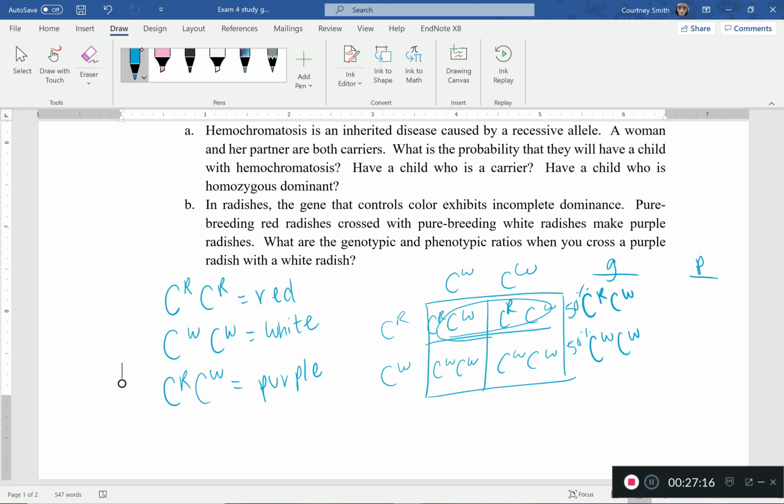Based on the phenotypes and genotypes that we set up before we started this problem, if we have a plant that has R and W, we're going to have a presentation of purple. And if we have two W's, we're going to have a presentation of white. So 50% of the time, our population is going to be purple, and the other percentage, they're going to be white. Okay, so now let's do letter C.